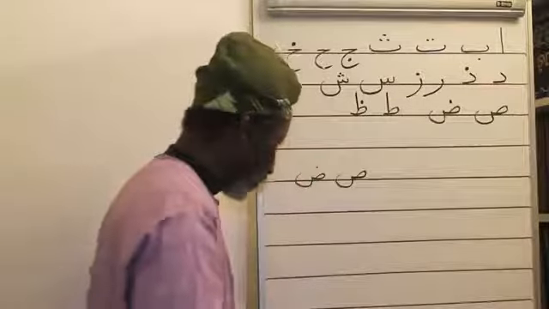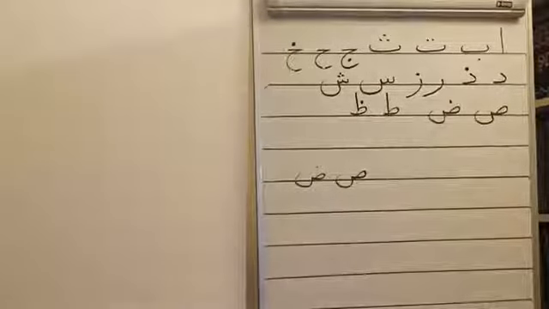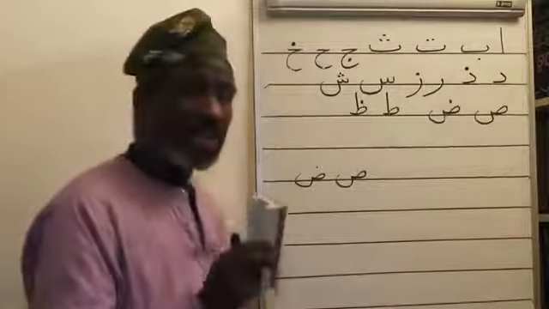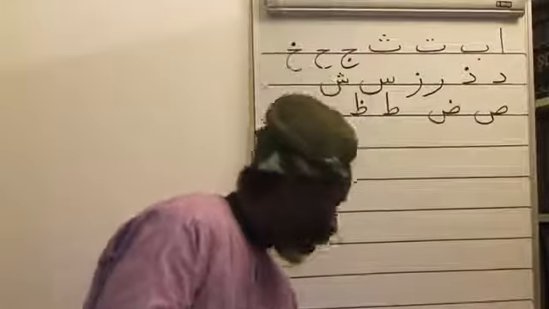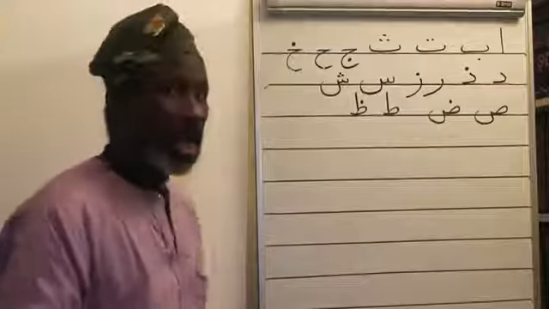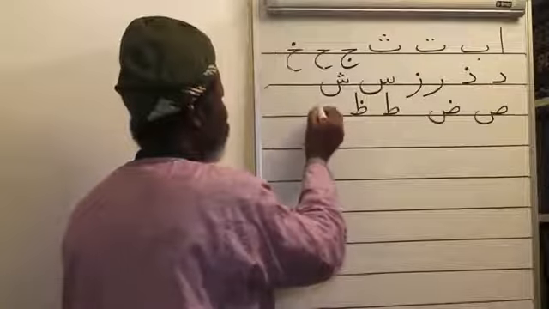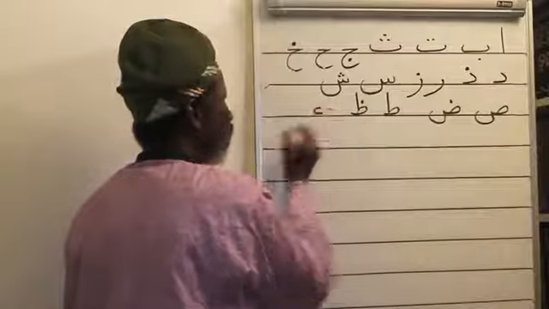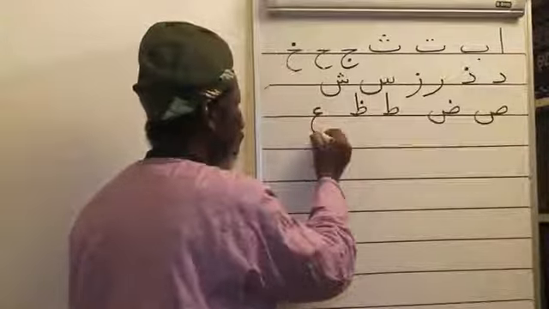Right. Next family. Also there are two in the family. This is a slightly challenging letter, this one. Right, the first one is like a small c on top of the line and a capital C coming down.